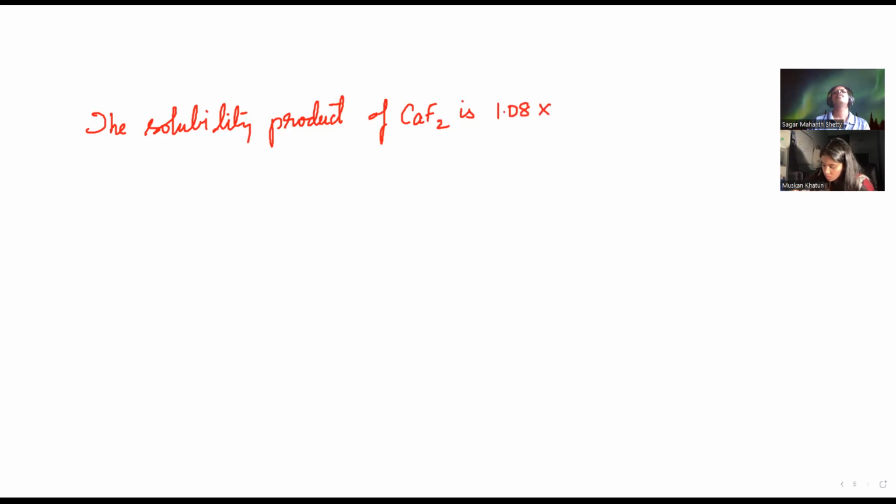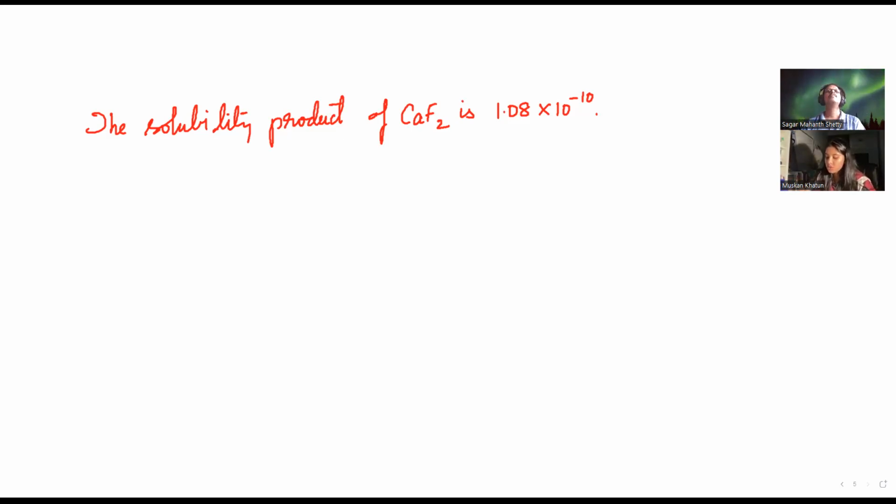Times 10 to the power of minus 10. So will you be able to find the solubility product? Yes, I can try. Let's go through the same steps. Let's see.